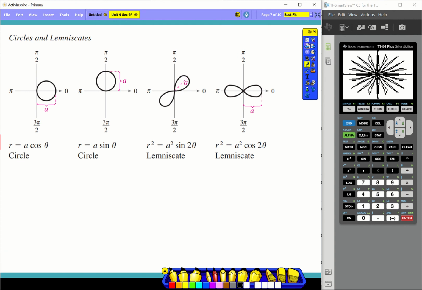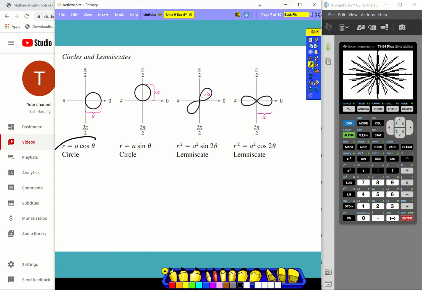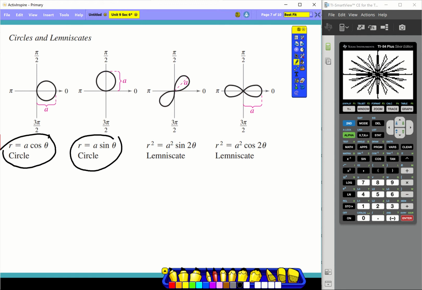These are circles and lemniscates. So a circle, you guys kind of know what circles are. That one's not too bad. Now these lemniscates, they're propellers.